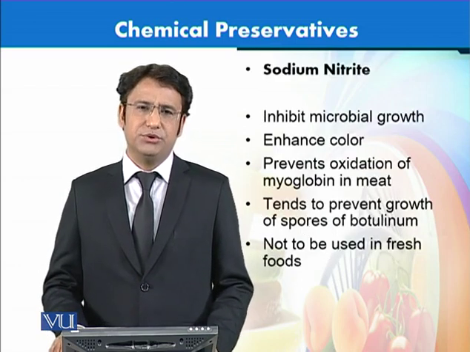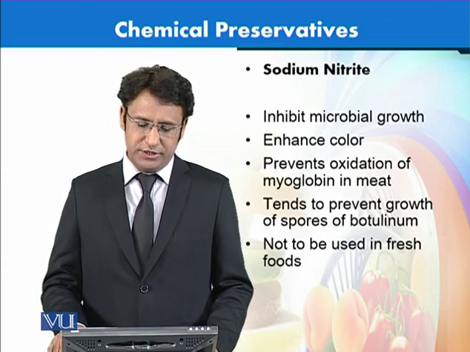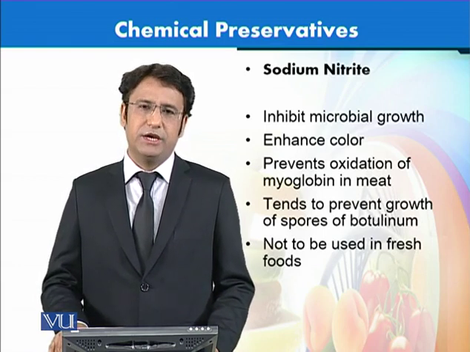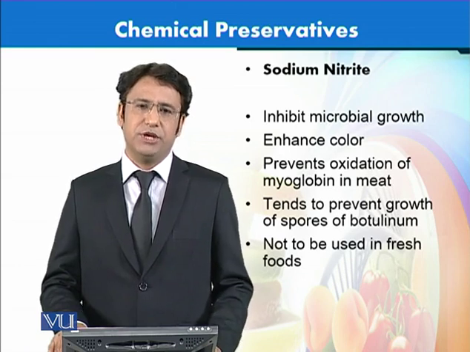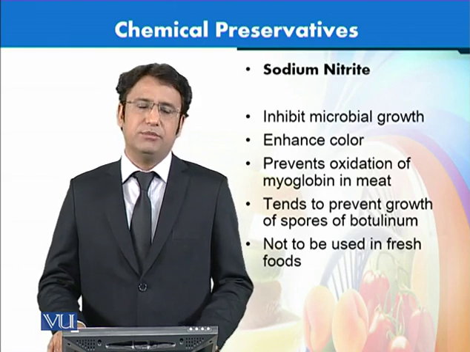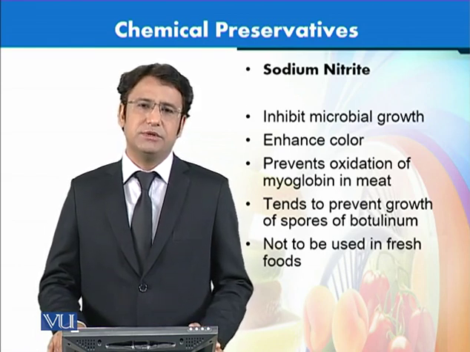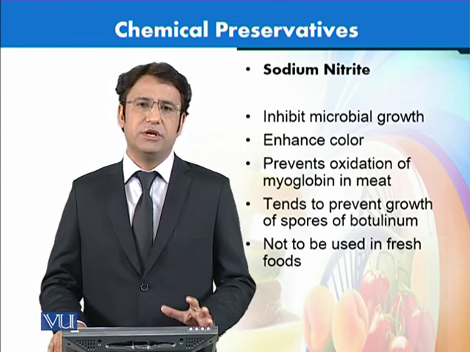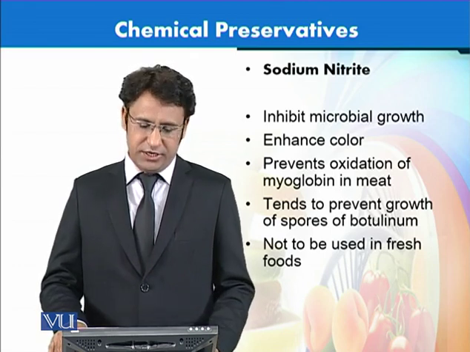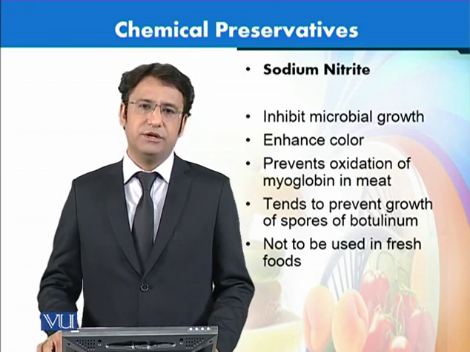Another very commonly used additive is sodium nitrite. It inhibits microbial growth in meat products, and it improves the color of meat products as well. It also prevents botulism; as I said, Clostridium botulinum is a serious pathogen, and it can be inhibited if you add sodium nitrite into the food products.